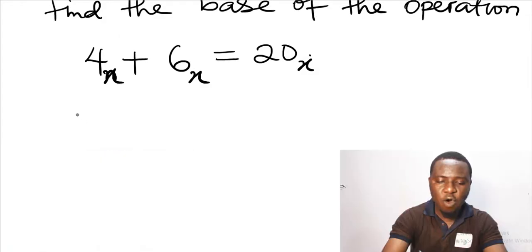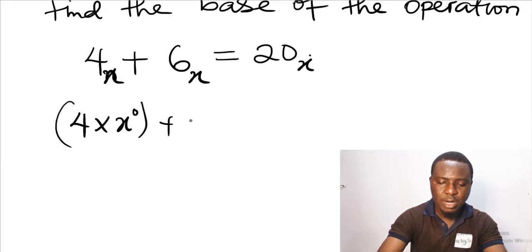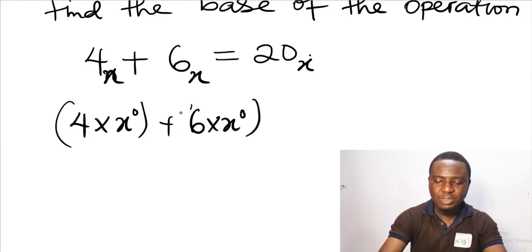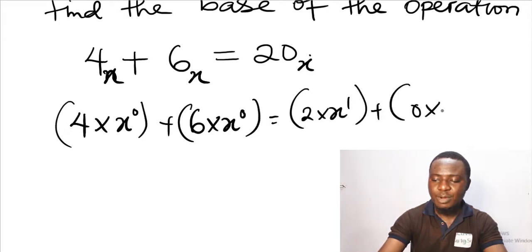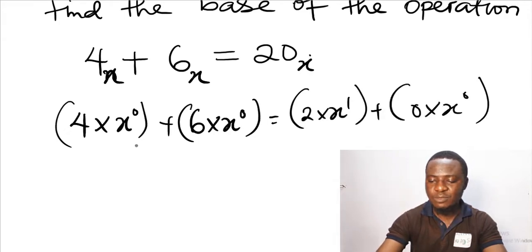So this becomes 4 in base x: 4 times x raised to the power of 0, plus 6 times x raised to the power of 0, being equal to 2 times x raised to the power of 1 plus 0 times x raised to the power of 0.